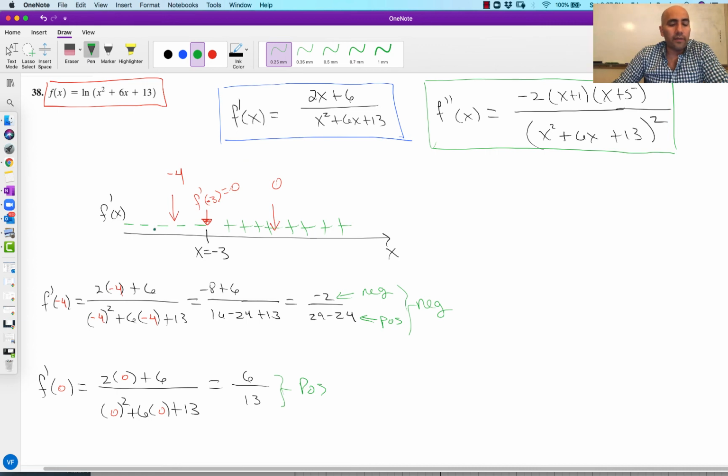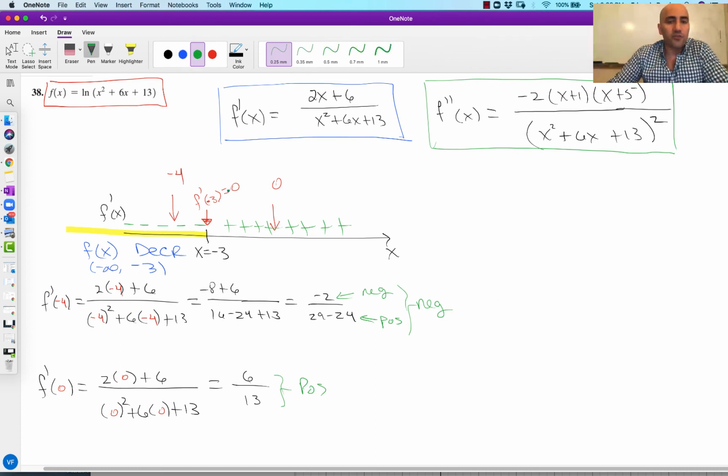If you recall, whenever the first derivative is negative, it indicates that the underlying function is decreasing. So that's what we can establish for the underlying function. The underlying function f of x is decreasing on this interval from -infinity up to -3, on the interval from -infinity up through -3.